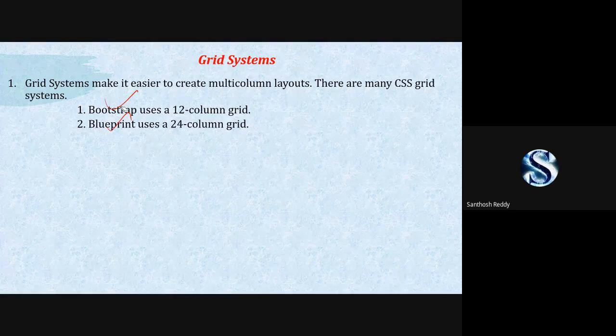Understood? These are the two different concepts we have. Bootstrap uses a 12-column grid and Blueprint uses a 24-column grid. Most of the time our web developers use Bootstrap. But now I'm not going to use any Bootstrap or Blueprint concept. I'm going to develop my grid only with the div tag.